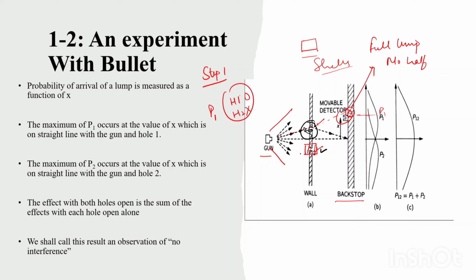So now the probability P2 is written for this situation, and in the same way the maximum of this P2 occurs at the value of x which is on a straight line with the gun and hole 2, somewhere over here.